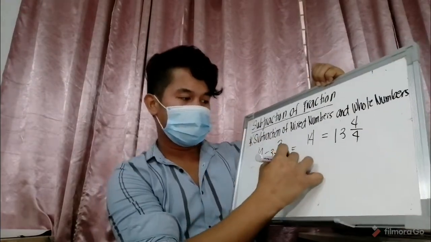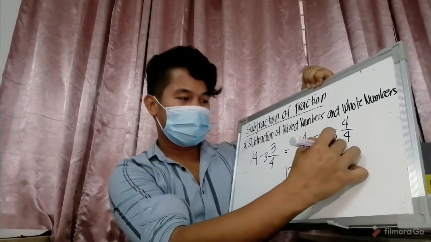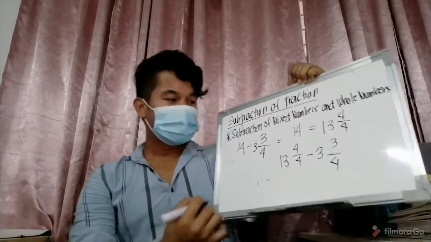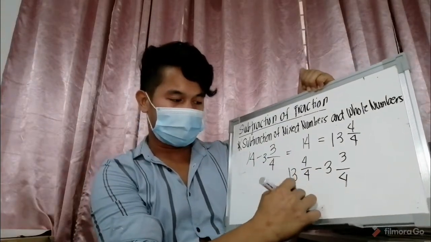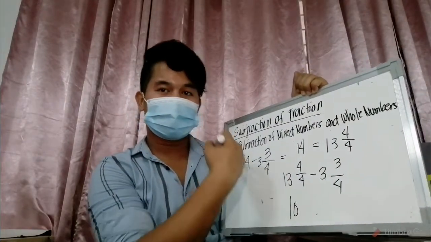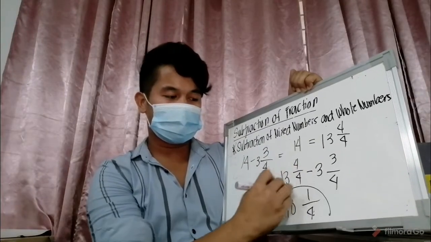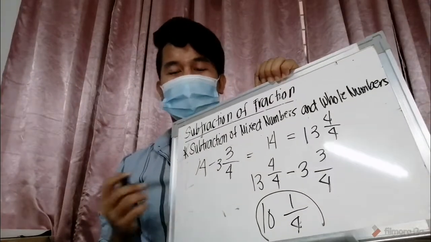So we have 13 and 4 over 4 minus 3 and 3 over 4. Okay? So, subtract the whole numbers. So we have 10. Then subtract the fractional parts. So we have 1 over 4. So the answer here is 10 and 1 over 4. Or 10 and 1/4.